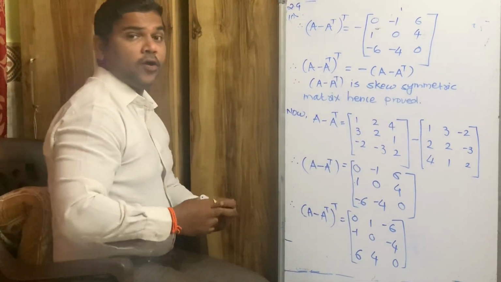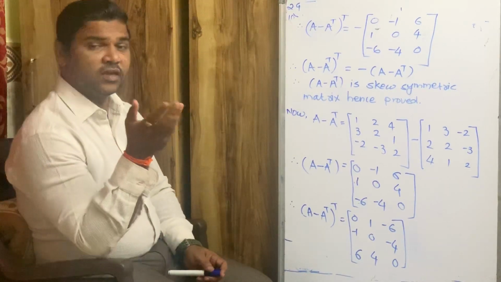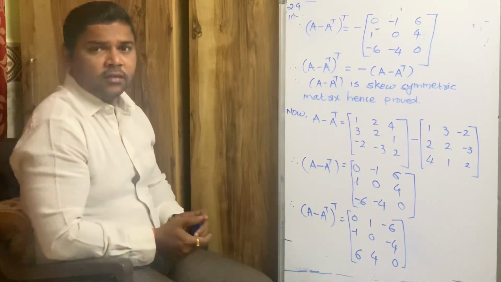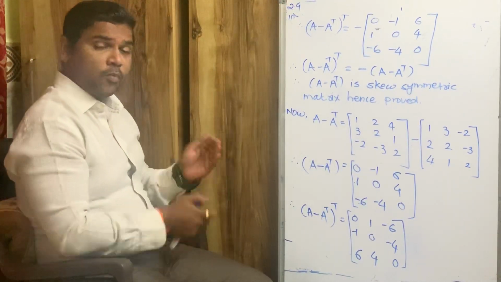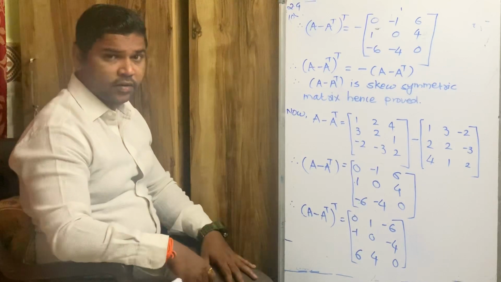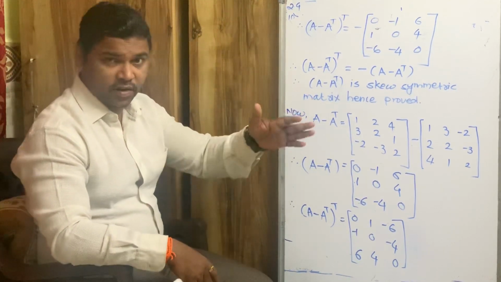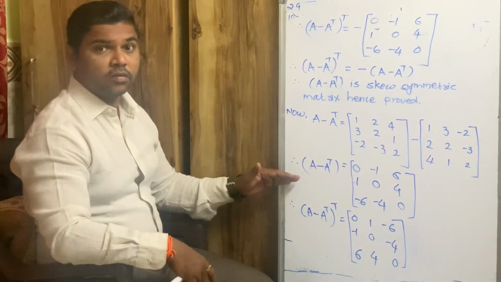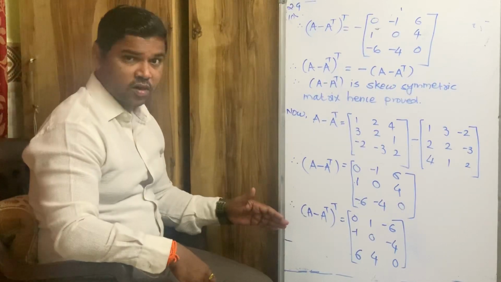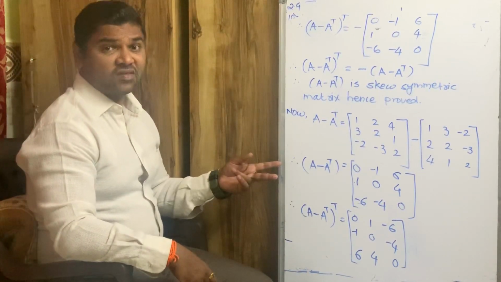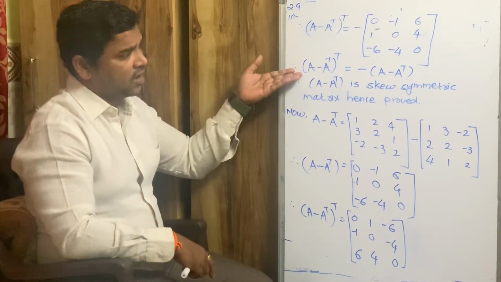Okay, got it? So very simple question. A is given, then you have to find A transpose, and then A plus A transpose, make its transpose, if both are the same, it is symmetric. Then again A minus A transpose, you got the A minus A transpose matrix, then make its transpose, both are the same but opposite in sign, so take the minus sign common, then you will get like this.